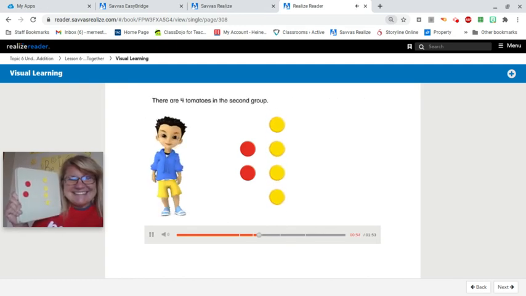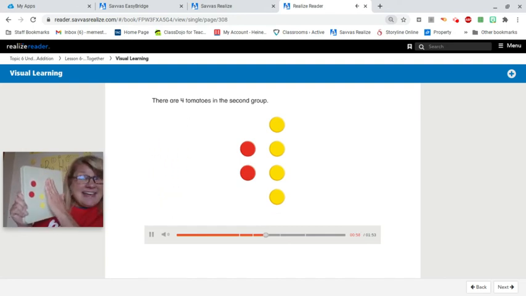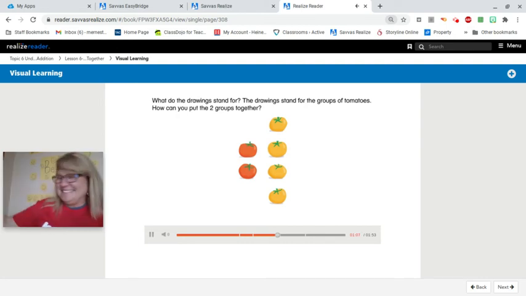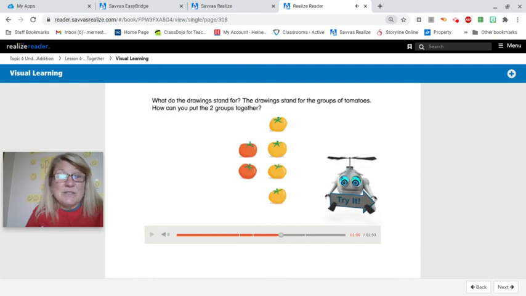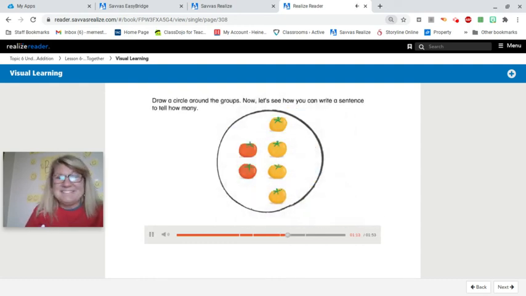There are 4 tomatoes in the second group. And when I put them all together, how many do I have? What do the drawings stand for? The drawings stand for the groups of tomatoes. That'd be 6. How can you put the 2 groups together? You can count them and see how many there are all together, can't you? Draw a circle around the groups.